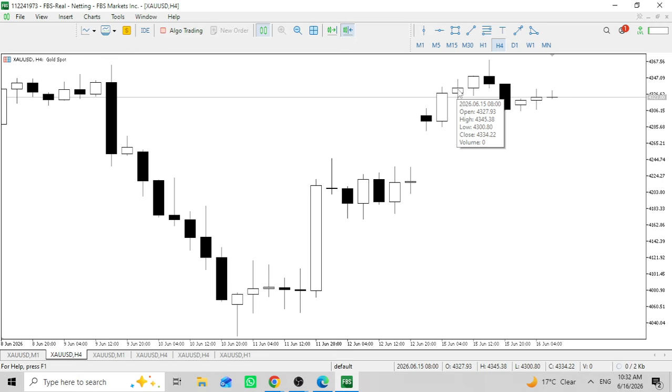I want you to take the closing price, because that candle closed bullish. If I take the closing price and subtract, if I take this 34.22, I'm getting 43.19.